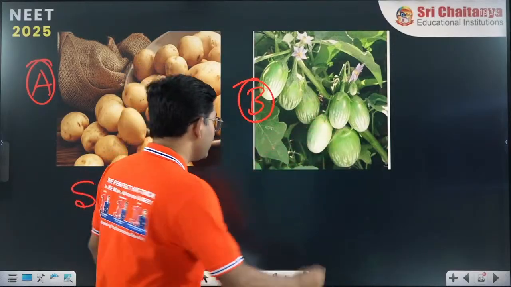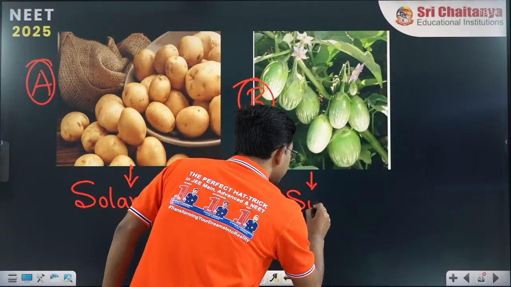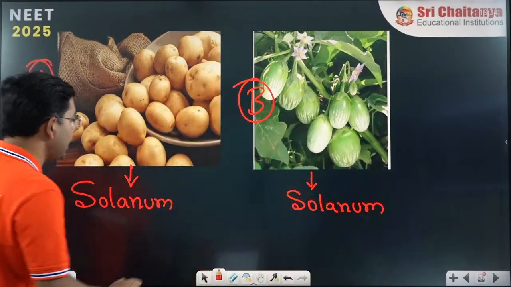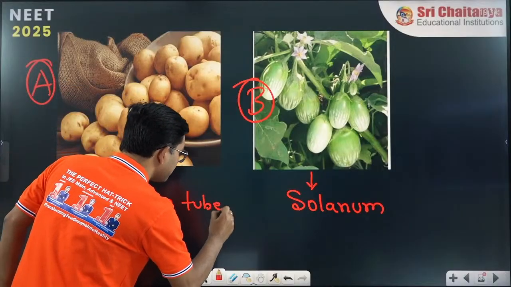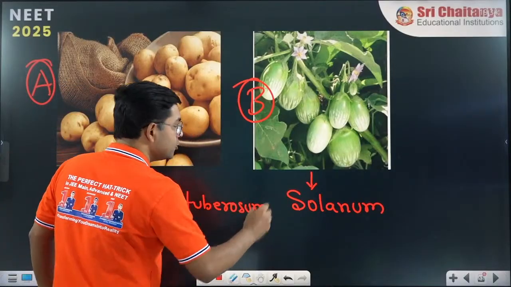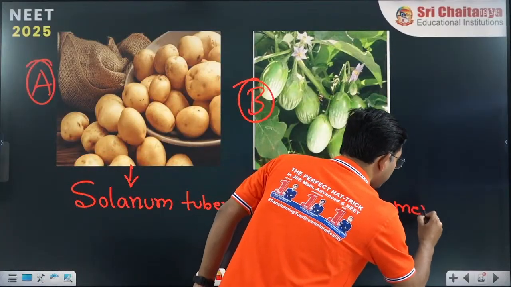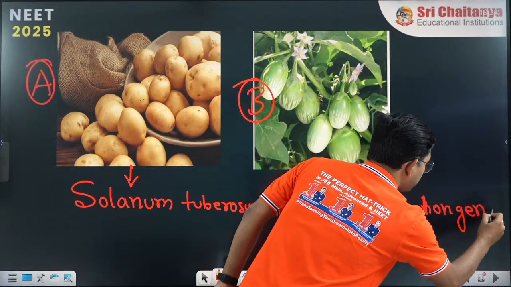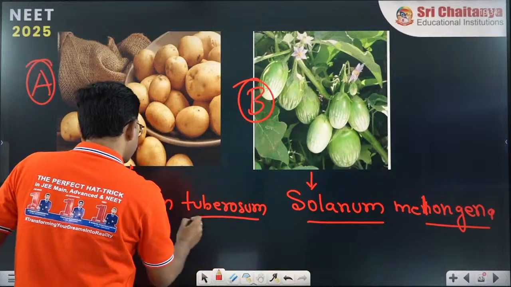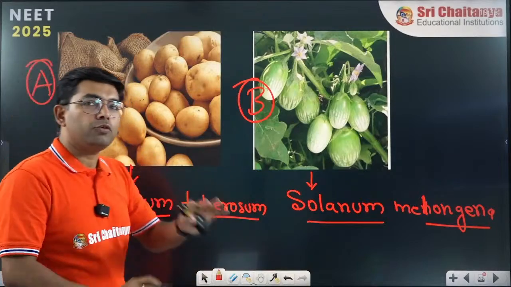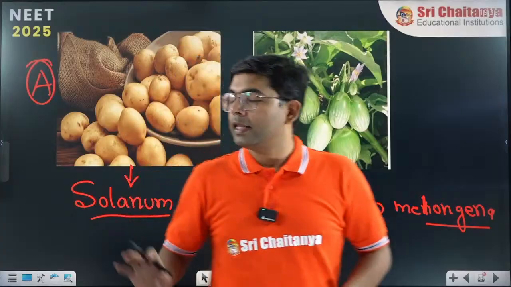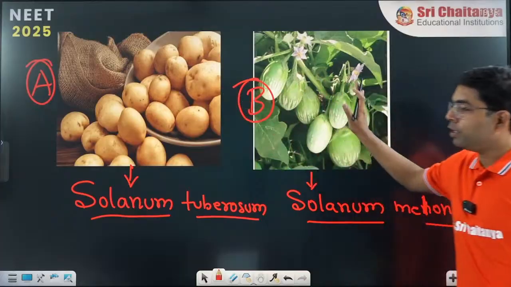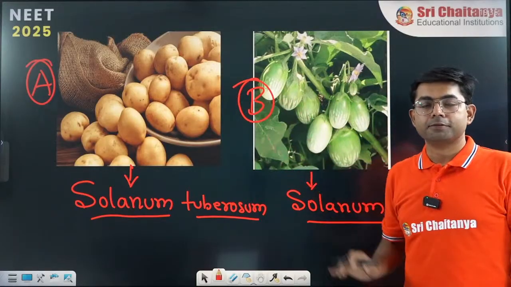Here also the genus is Solanum. Now what is the species? This is Solanum tuberosum, and this one is Solanum melongena. Now I will underline it separately. Whenever you write a biological name, you have to underline it in this way. So it is very clear, both of them belong to the same genus.